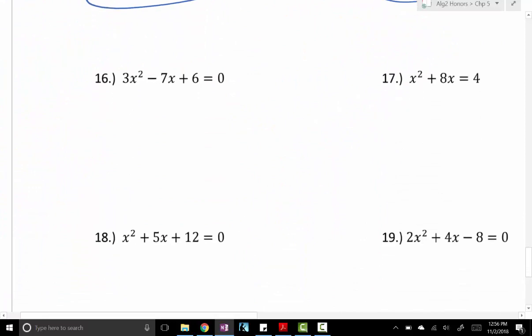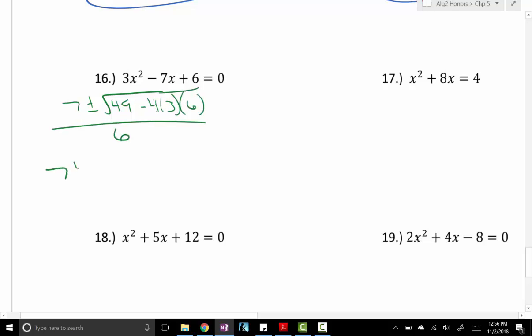Alright, I got a big old mess over here. So first thing, 18 that adds up to 7. I don't think so. Not a good one for complete the square. So negative b plus or minus the square root of b squared minus 4ac, all over 2a.